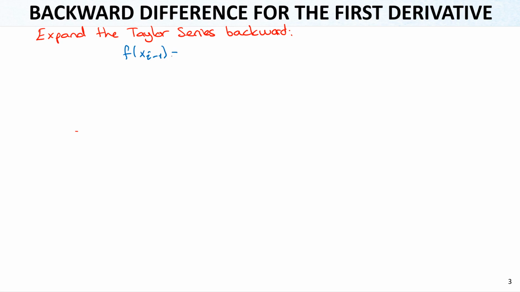And we can still predict this by the f(x_i) value minus the derivative f'(x_i) h plus f second derivative f''(x_i) over 2 factorial h squared plus, and it goes this way to infinity. Basically, because this is just a backward expansion, there is a negative sign here.